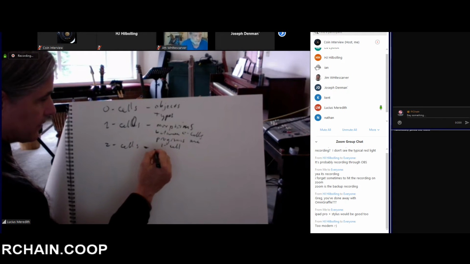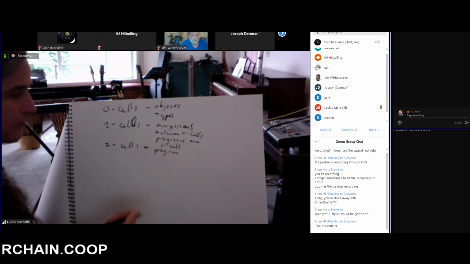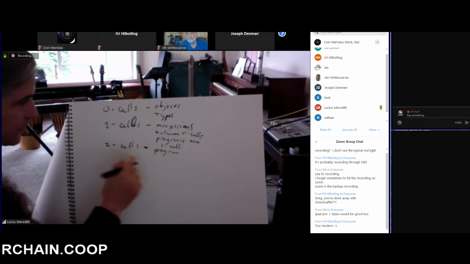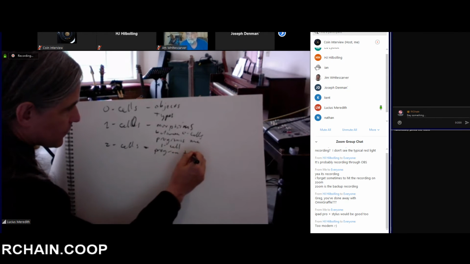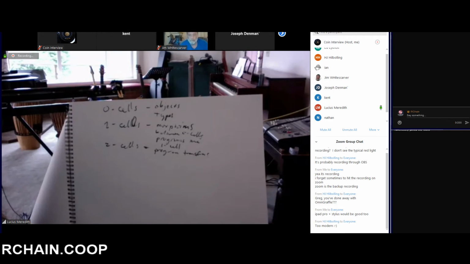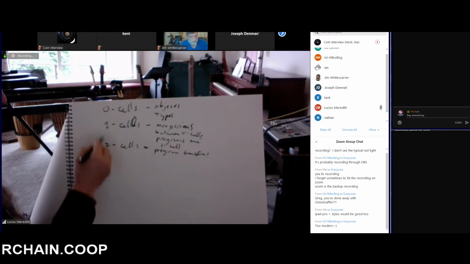So think of these as program transforms, rewrites. When you start with a program and refactor it and end up with a different program that does the same thing, that would be a two cell. Does that include compilers? That includes compilers. Okay, so two cells are program transforms, and then three cells and four cells and so on.